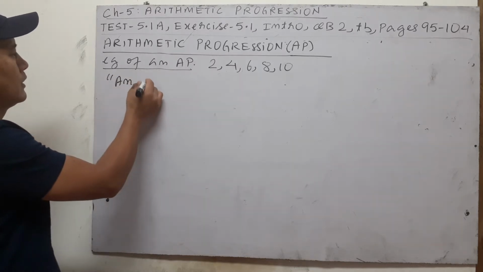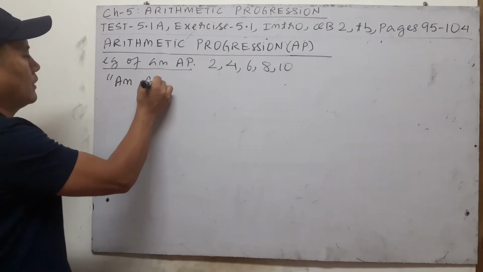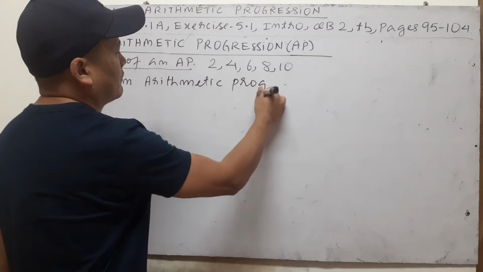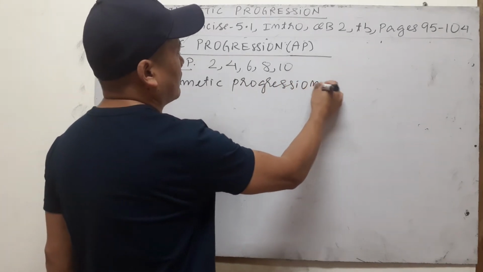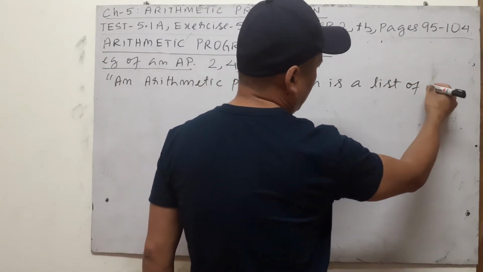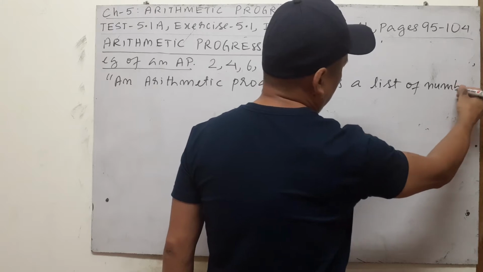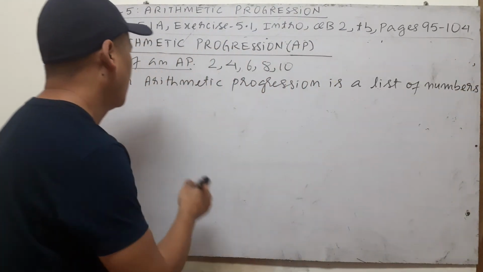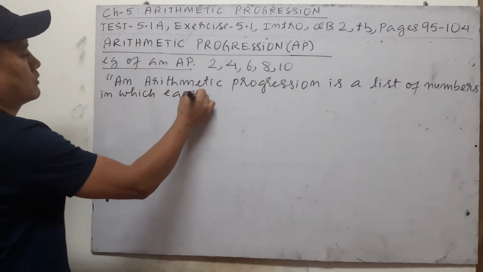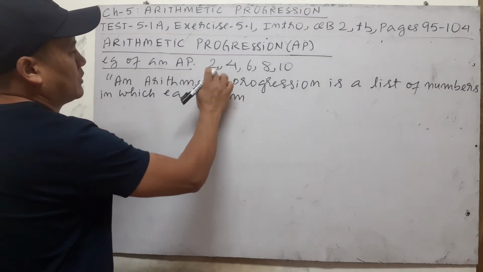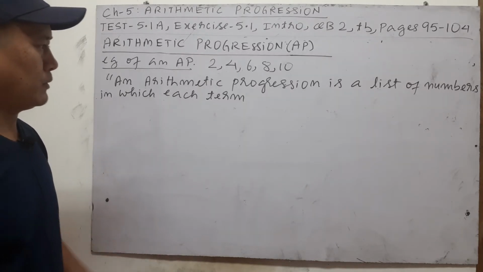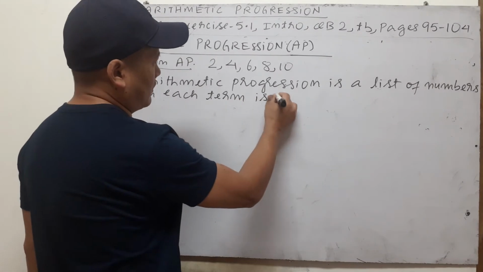So now we can write the definition. Therefore an arithmetic progression is a list of numbers in which each term, which means each item, is obtained by adding a fixed number to the preceding term, the one in front, except the first term.